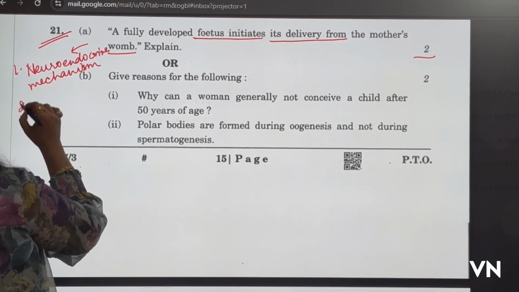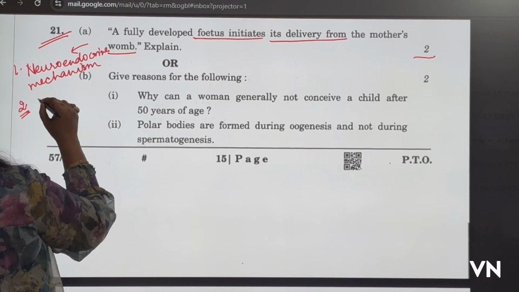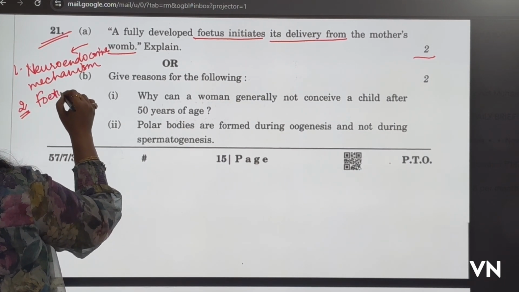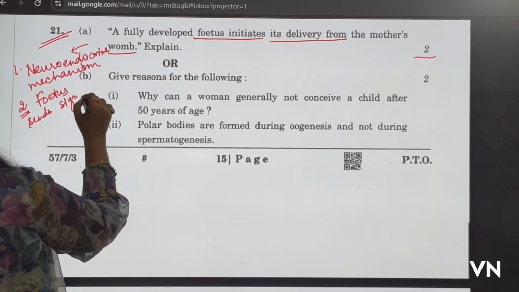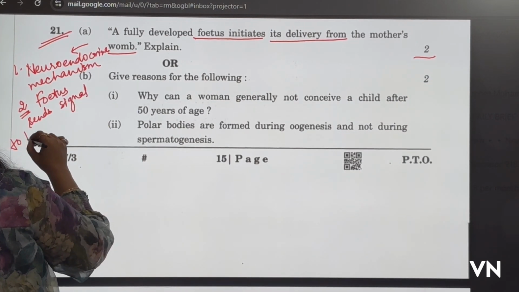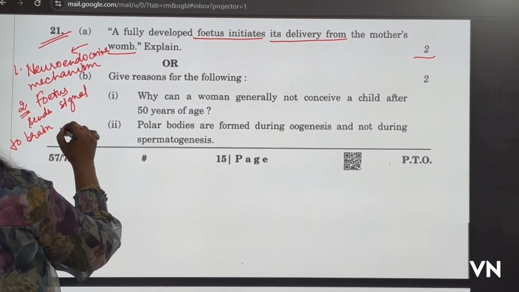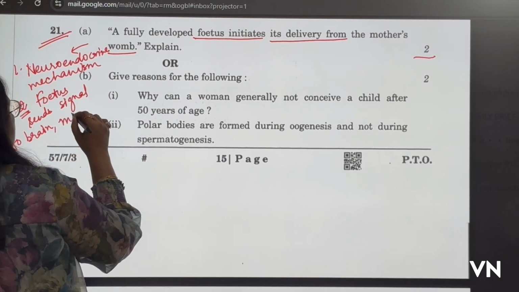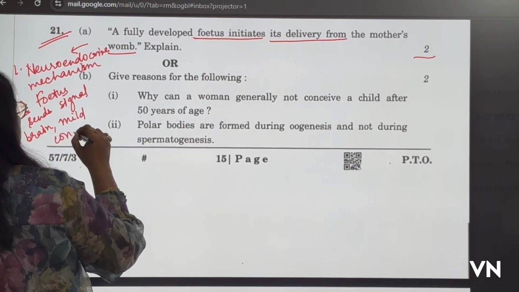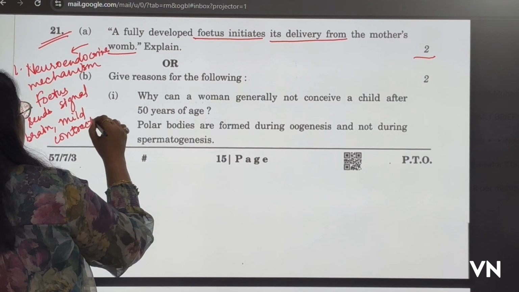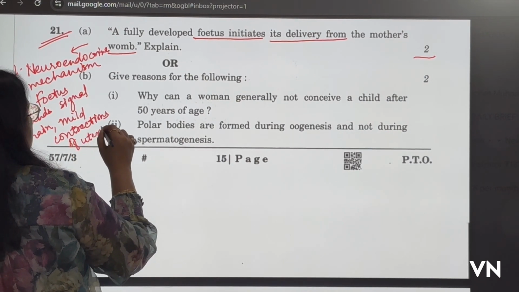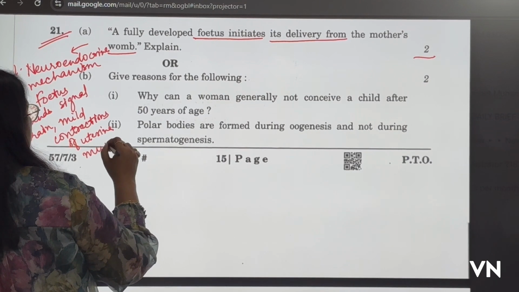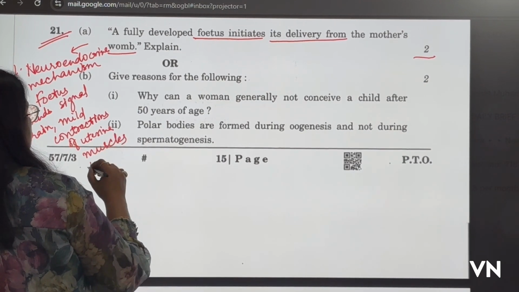Second, the fetus sends signal to brain and mild contractions of uterine muscles take place.